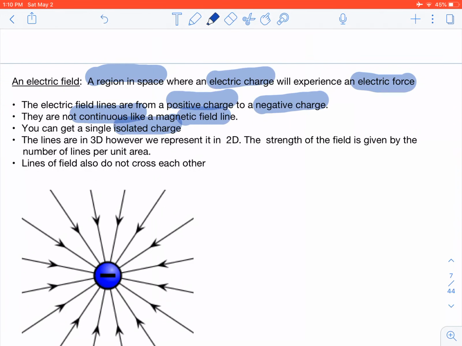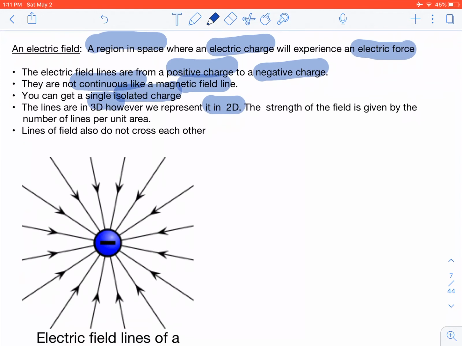They're always together. The lines are in 3D, but however we represent them in 2D, we only use two coordinate axes, so we represent them on a surface, and that's sufficient for the type of calculations that we do.